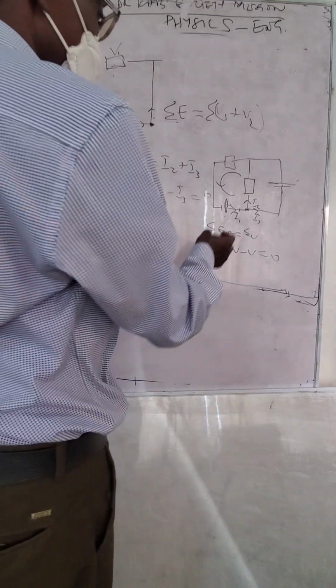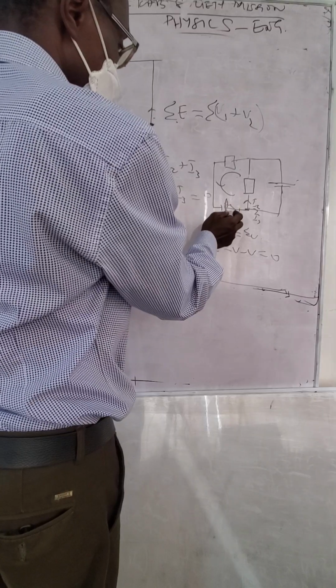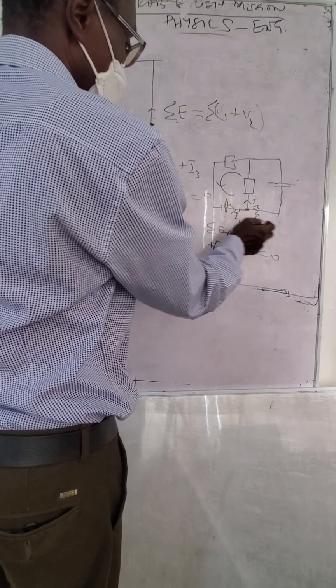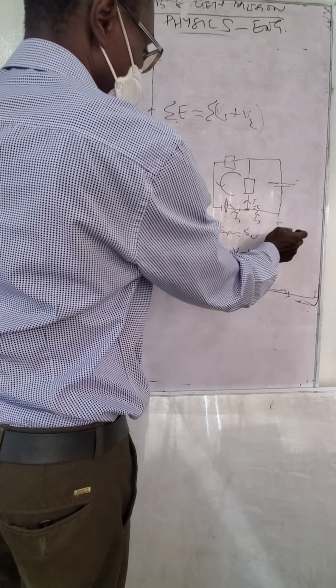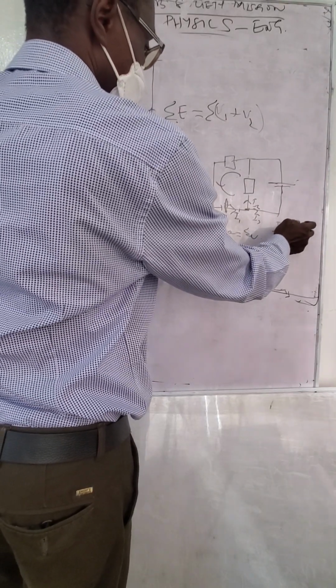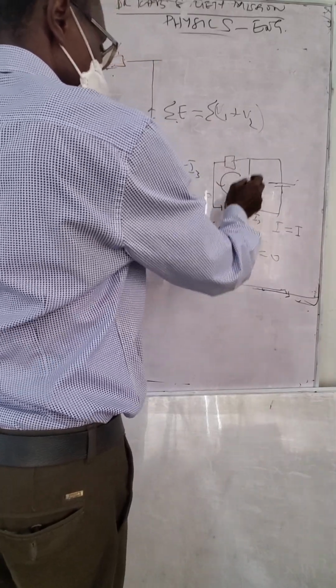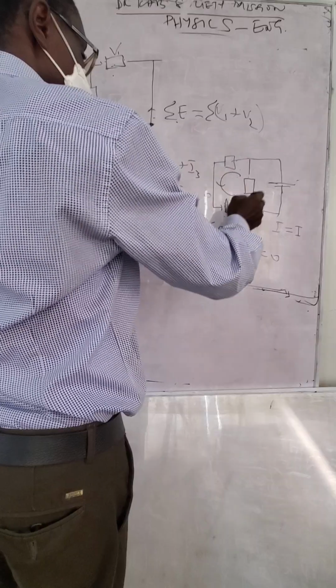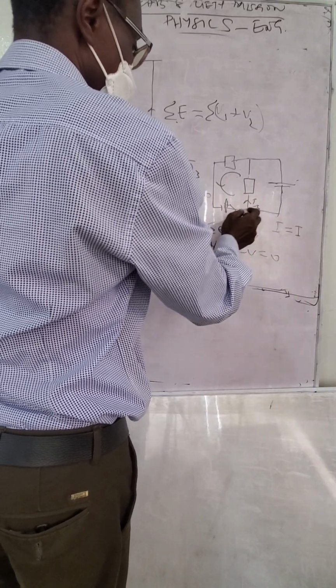In terms of the current, when you choose this direction, because I've chosen this direction, it is in that part, so it is plus. And then you have this also as plus. So for this complete loop, you take a loop round.